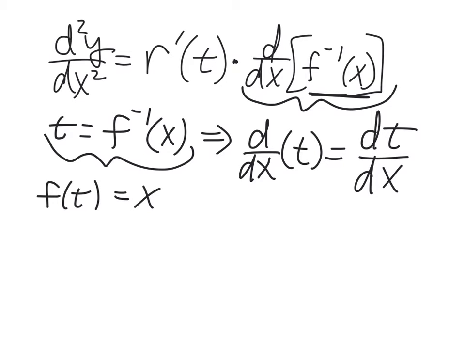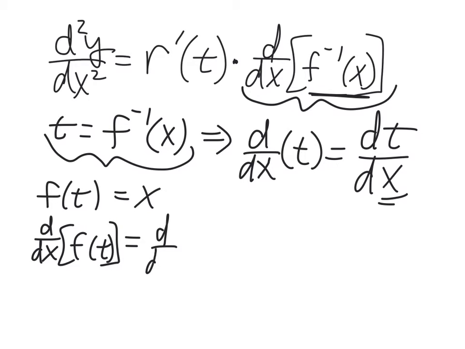So if we were to take the derivative of that with respect to x, well, we'll pick the easy side first: dx by dx, or the derivative of x with respect to x, is 1.